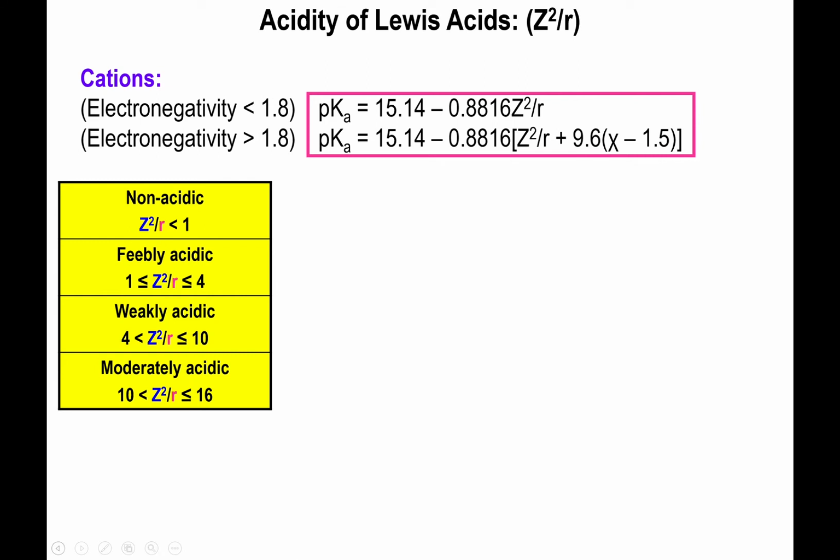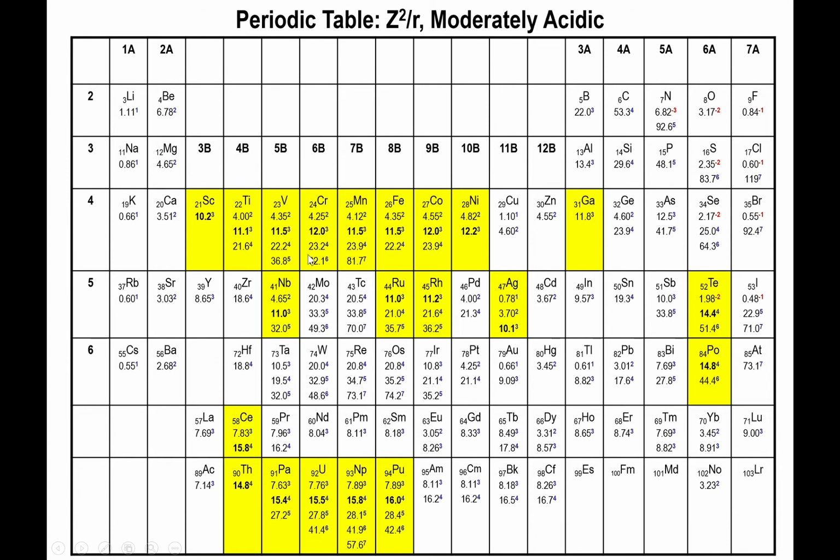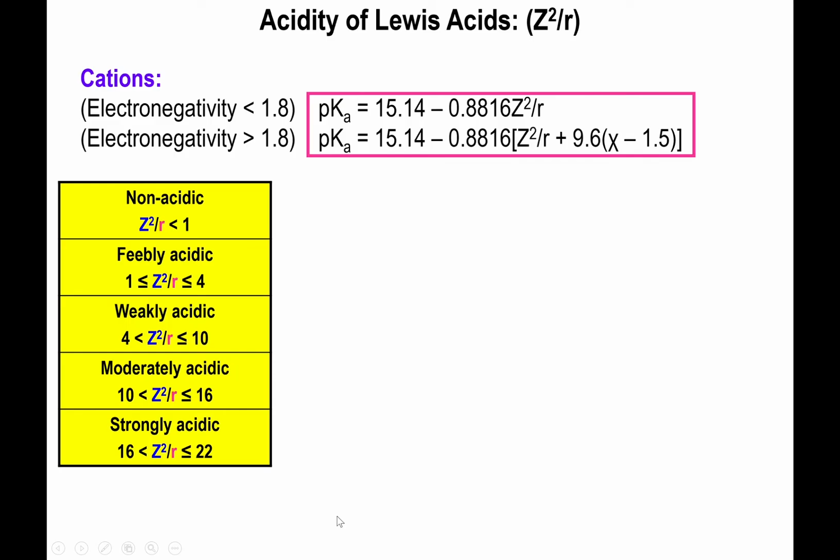And speaking of moderate, then we get to the moderately acidic metals, the ones that have values of 10 through 16 for C squared over R. And these ones generally are the lighter elements with a 3 plus oxidation state, or the bigger elements with a 4 plus oxidation state. After that, you get to the strongly acidic metals.